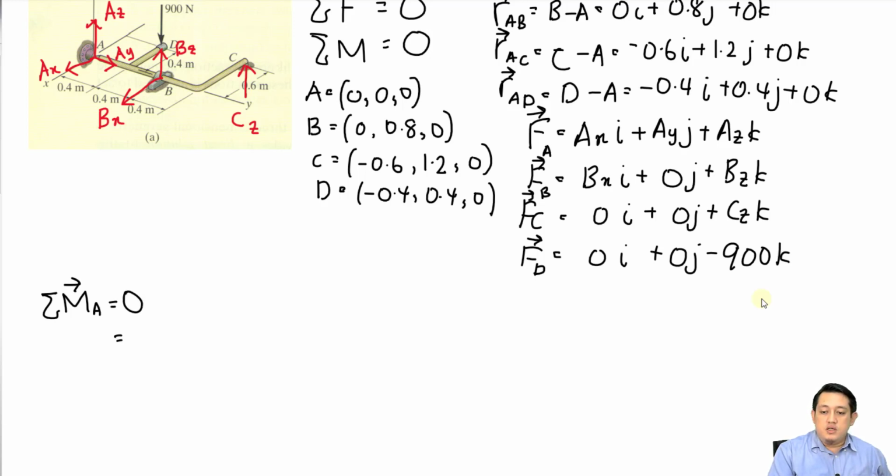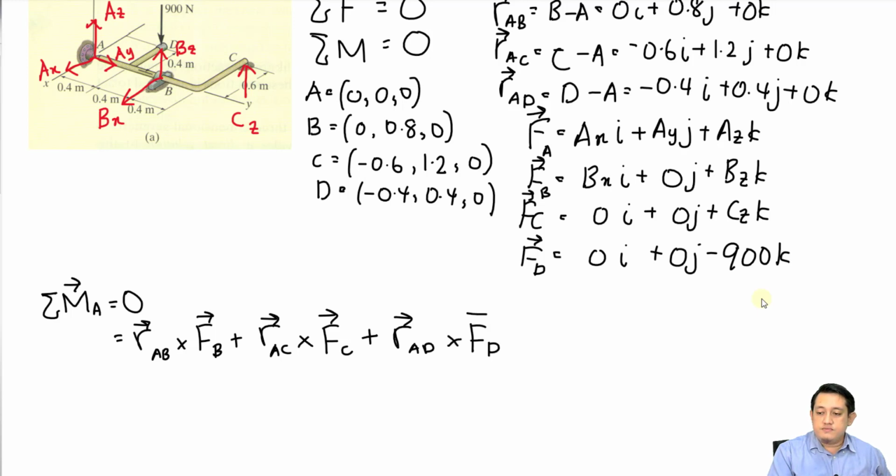So this will be R A to B cross product with F B, plus R A to C cross product with F C, plus R A to D cross product with F D.